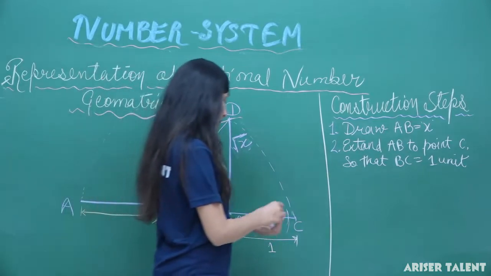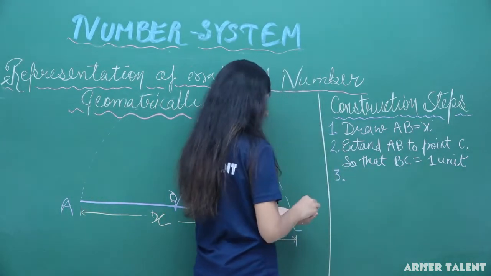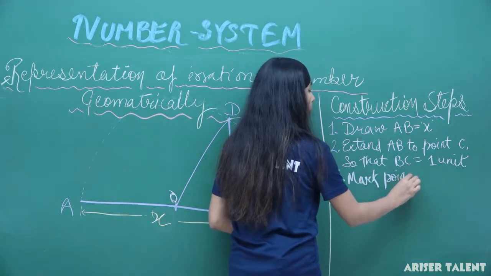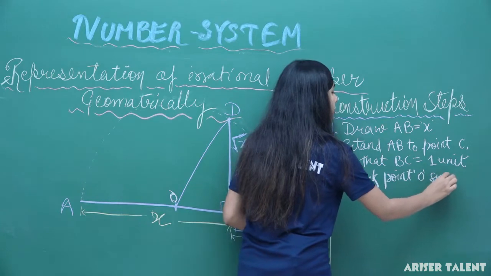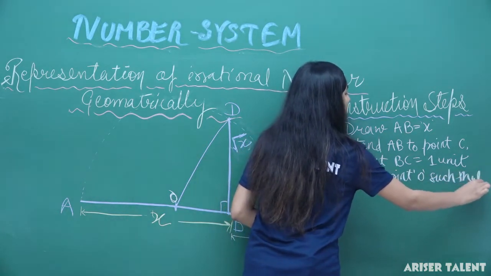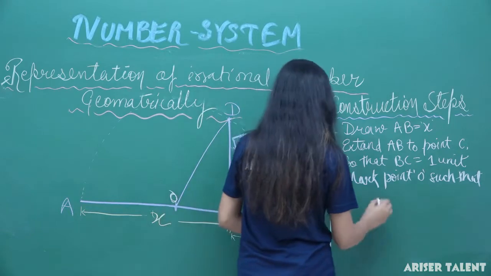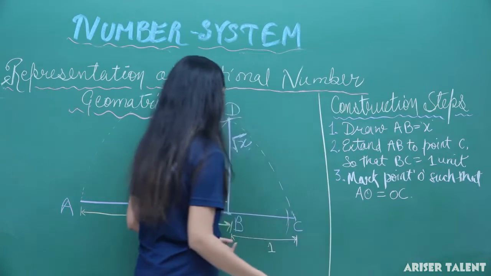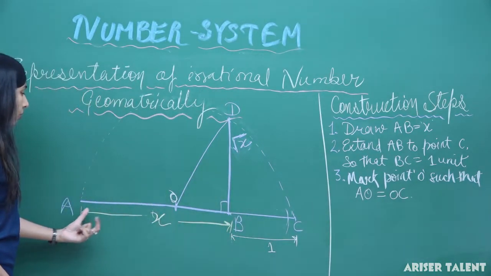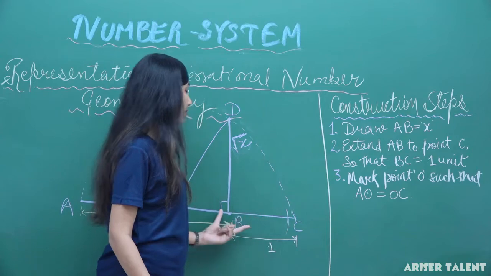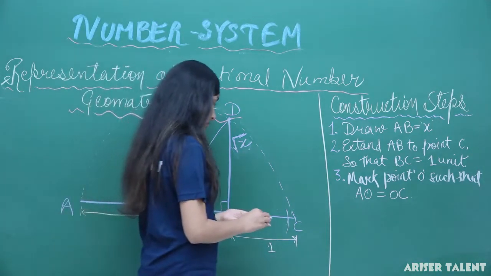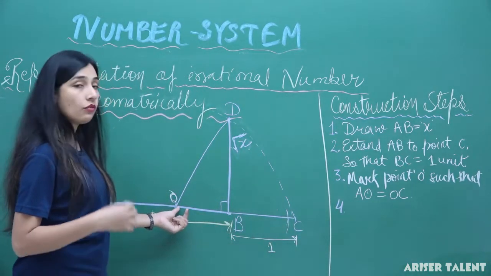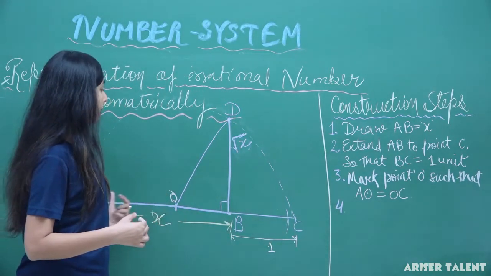So in step 3, mark point O such that AO equals OC. That means O will be the center of AC. AO equals OC, that means these are the two halves. Now, fourth one. After having that center, what I have done? I have created a semicircle.